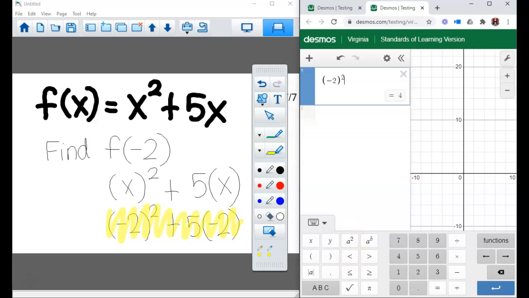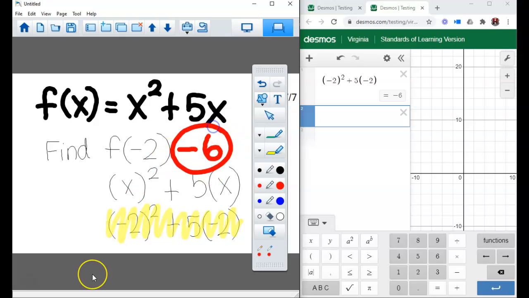Notice that looks on the calculator exactly like it looks on the board. Then we do plus 5 parentheses, negative 2, and close the parentheses. When I hit enter, you'll notice that your answer is negative 6. So negative 6 would be the answer to this question.